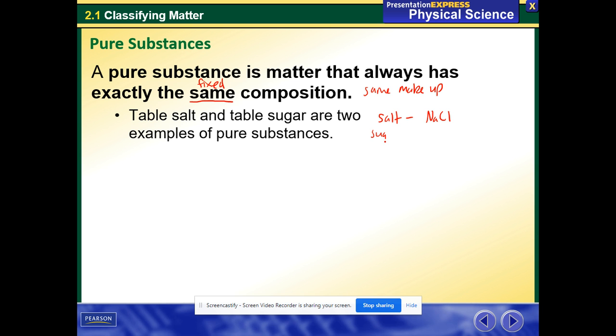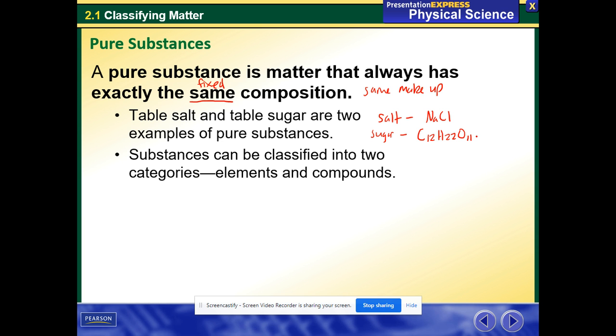Sugar, on the other hand, has a formula of C12H22O11. That means that it will, no matter what, be made up the same way. There will always be 12 carbon, 22 hydrogen, and 11 oxygen. And you can see there will always be twice as many hydrogen as oxygen.